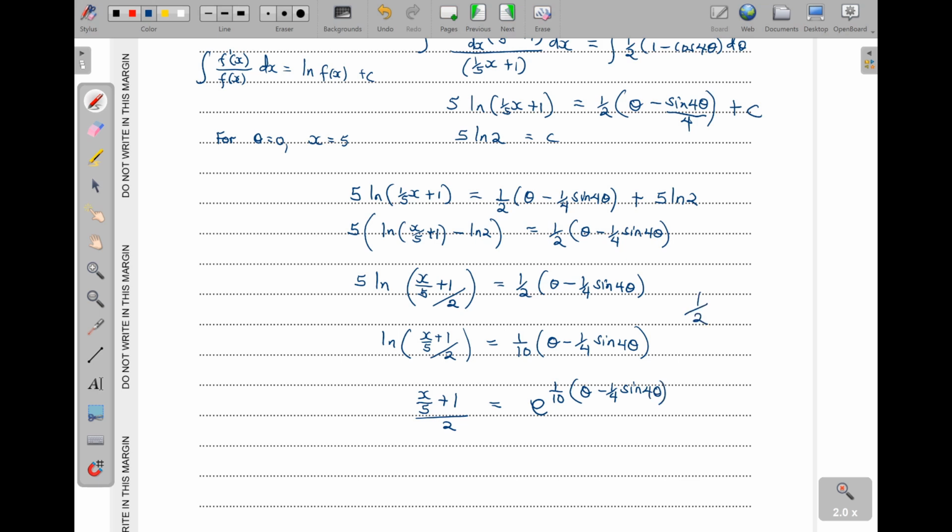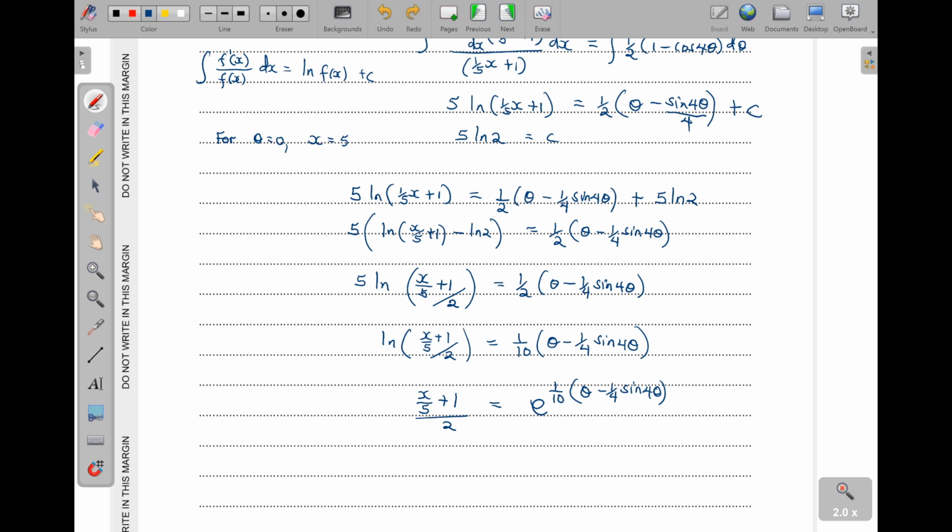If you get a half, then divide by 5. This one is over 1, so it is the same as a half, then times 1 over 5. That is why we are having 1 over 10 here, okay. So that is that. Now we can multiply all through by 2.